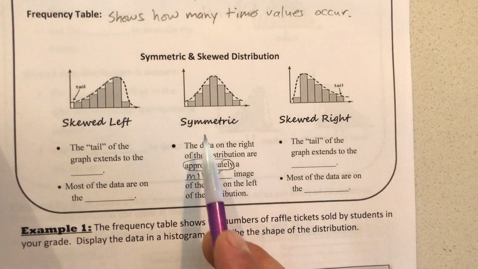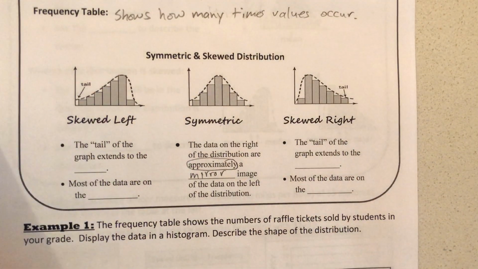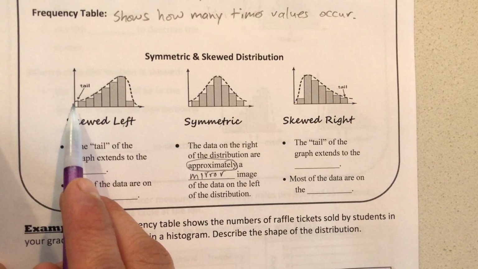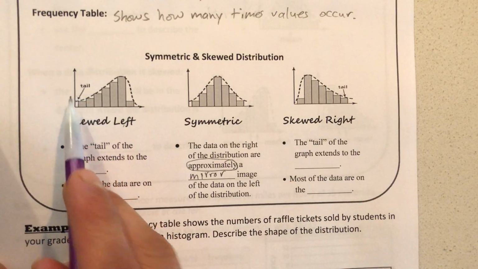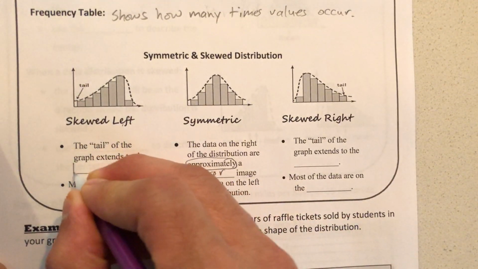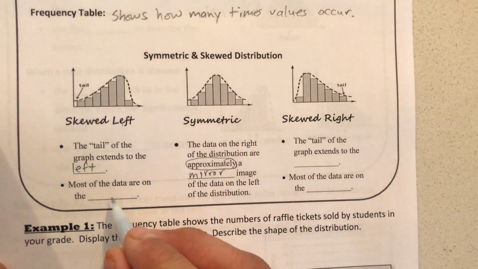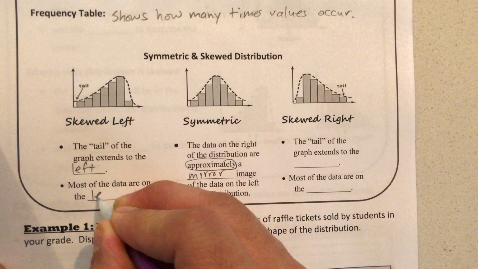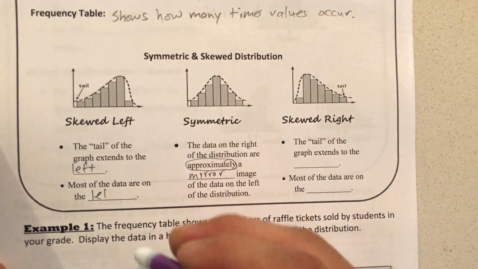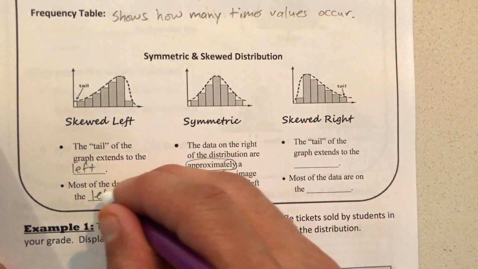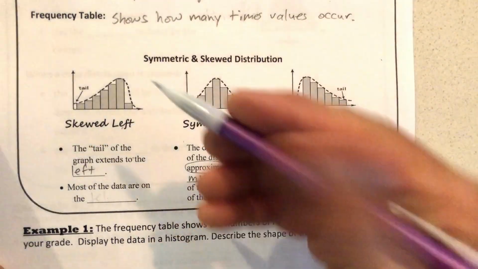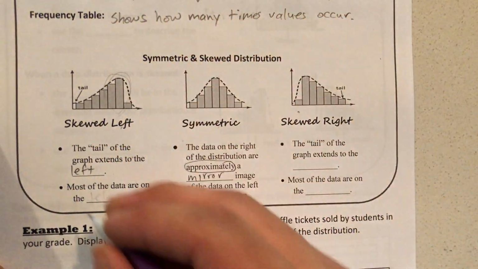And then if it's not symmetric, it's one way or the other. So skewed left is when the values kind of tail off to the left. And you can see we call this the tail. So the tail extends to the left, and most of the data are here on the right.